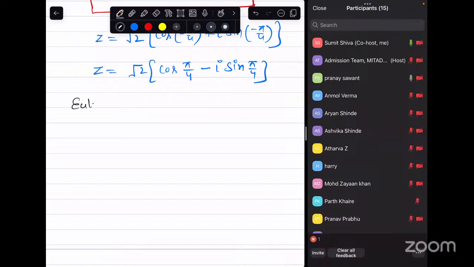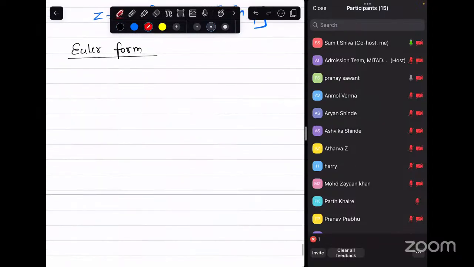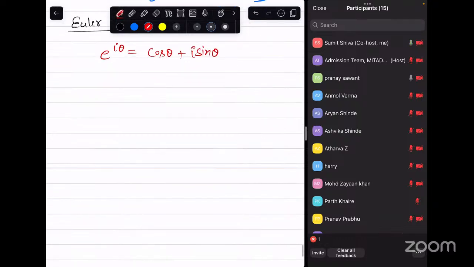Then we have Euler form. Euler form is far easier. In Euler form, we have e raised to power iota theta, which is cos theta plus iota sin theta. So we have any complex number z as mod z in bracket cos theta plus iota sin theta.